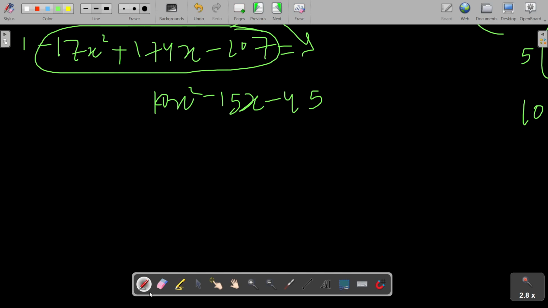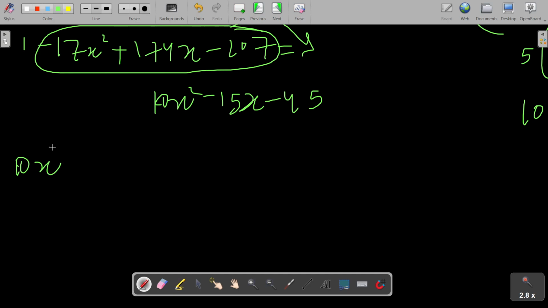Minus sign becomes plus, plus sign becomes minus. Or I can subtract this full expression on both sides, but it is very lengthy. Remember this: if I take this term and move it to the other side, the sign changes. So this minus 17x squared becomes plus 17x squared on this side.